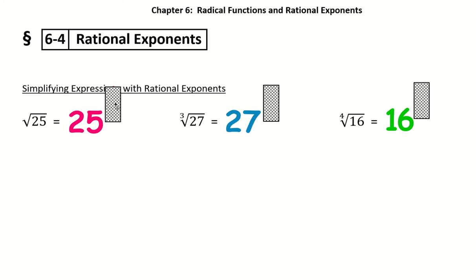So what power actually means the same as a square root? That's the big idea, as well as third roots, fourth roots, but this is pretty much the big idea of this section. So, did you know that the 1/2 power actually meant a square root?